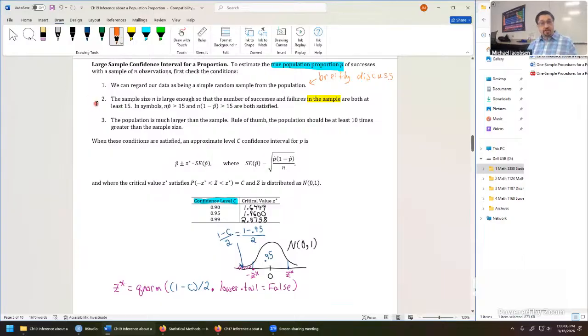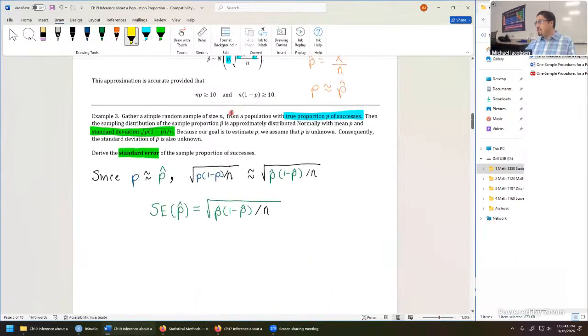Condition 2, we can check directly. So we have to show the values here: n times p hat, and n times 1 minus p hat. In order for the central limit theorem to be effective in this context of confidence intervals, notice that the counts are a little different. n times p hat is the number of successes in the sample, and n times 1 minus p hat is the number of failures in the sample, and they both have to exceed 15.